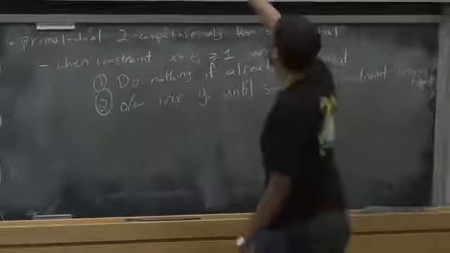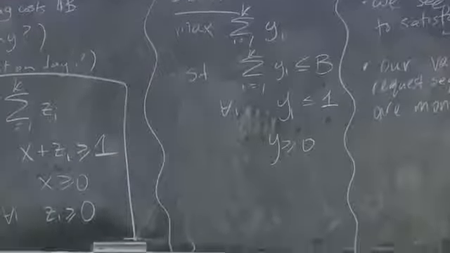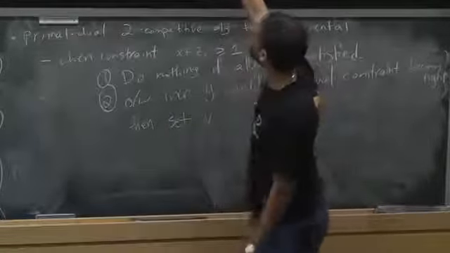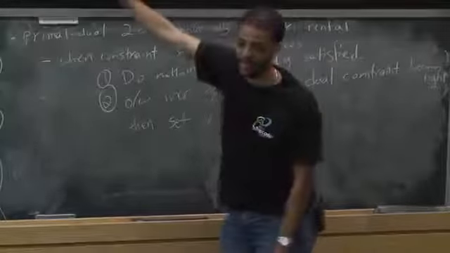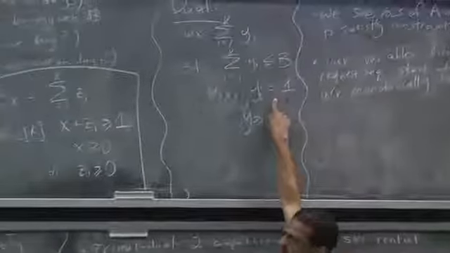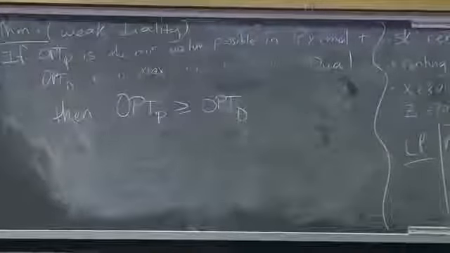Okay. And then what do we do? Then set, and now again, constraints here correspond to variables there. So some constraint became tight, which corresponds to some variable in the primal. We're going to set that variable to 1. What does that actually mean here? These constraints, yi's at most 1, correspond to the zi's in the primal. So if this constraint became tight, if yi actually became 1, we'll set zi to 1.